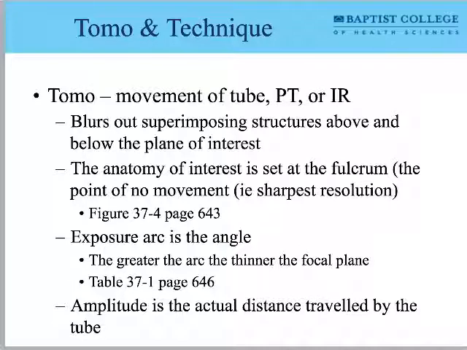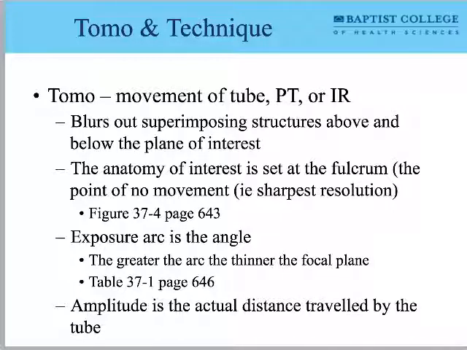Okay? So this blurs out the superimposing structures above and below the plane of interest. We set the anatomy of interest at the fulcrum, the point of no movement, and that will be the point of sharpest resolution. These textbook numbers no longer apply. So this is not found in your textbook anymore. I couldn't find it.